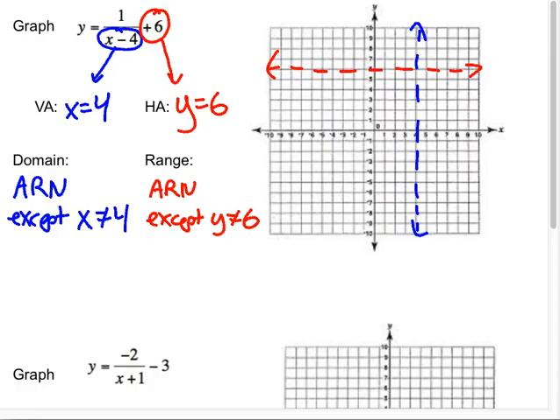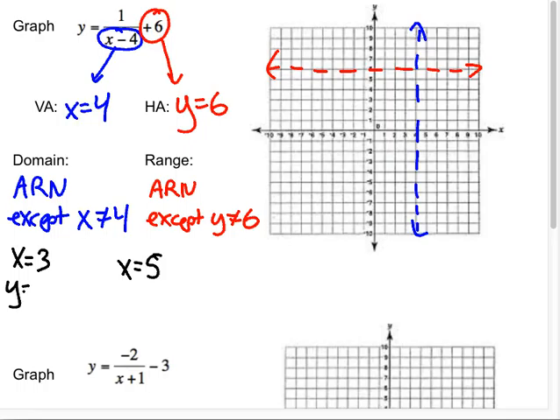So again, the asymptotes move just like the transformations. Now to find where the branches are, now I'm going to look one value less than the vertical asymptote and one value greater than the vertical asymptote. And I'm going to plug those values in.